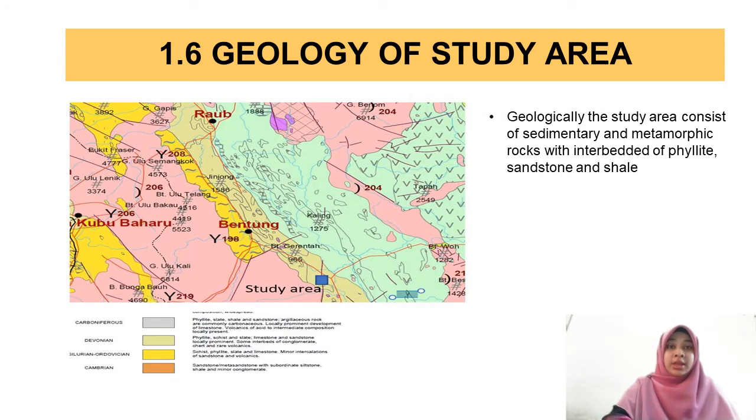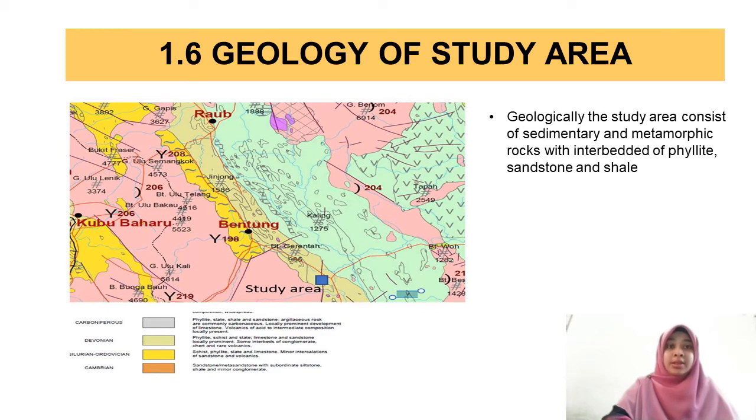Okay, geological area. According to the geological map of Malaysia, the study area was located in Semantan Formation, which is located along Karak Temerloh Road. The lithology of this area consists of a series of metamorphic rock, interbed of phyllite, sandstone, and shale.